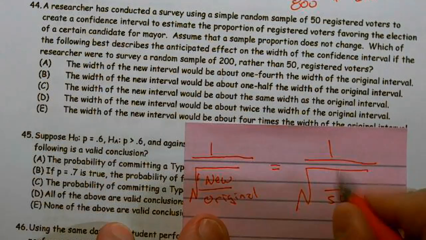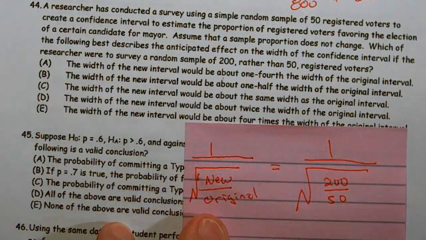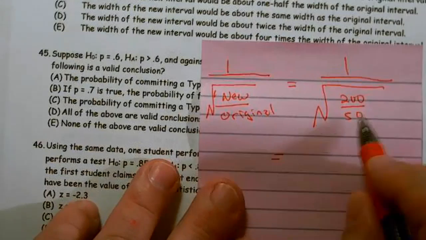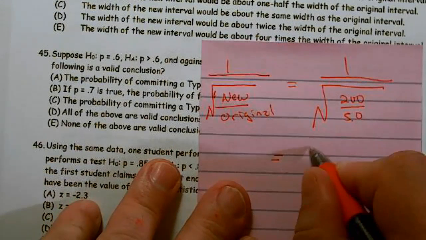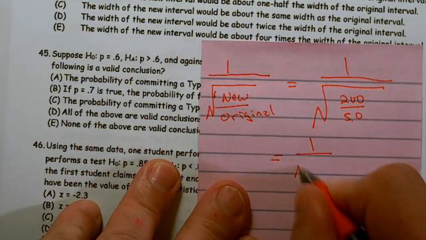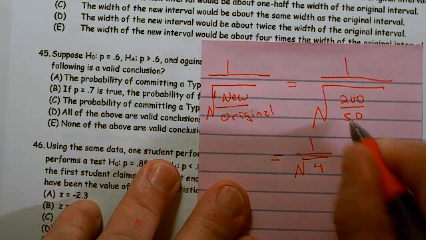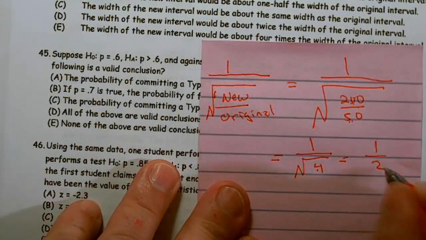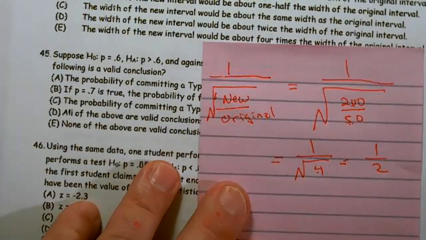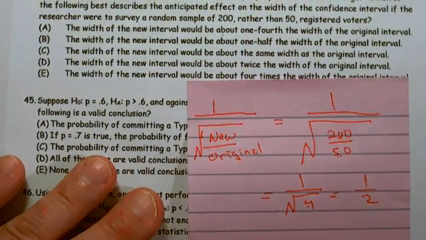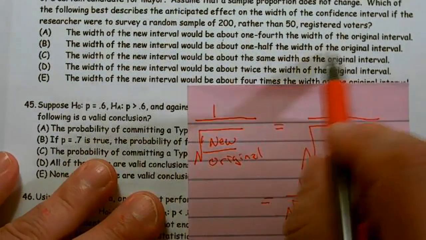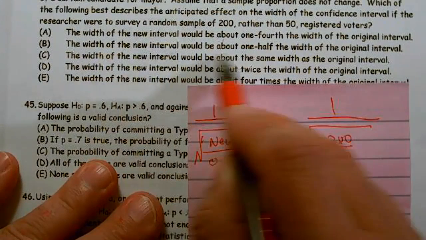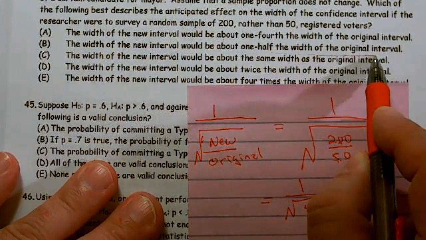Our new one is 200. Well, 50 goes into 200 four times. So I have 1 over the square root of 4. The square root of 4 is 2. So 1/2. So the new interval would be 1/2 of the original interval.